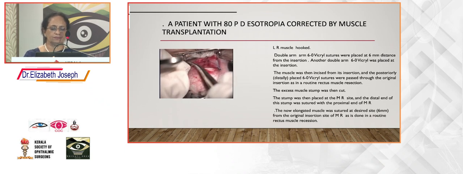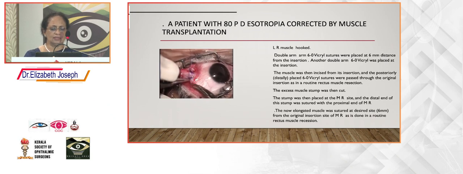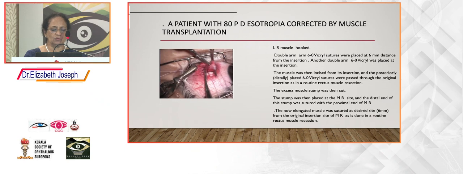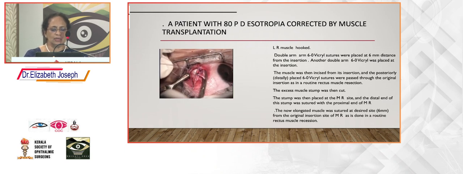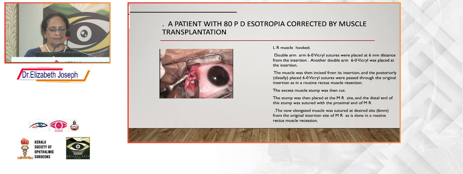After securing the suture ends, we go to the site of insertion. At the site of insertion also we put a pre-placed suture, so that we get a small segment of the muscle with 2 sutures on either side. After applying the suture, the muscle is cut, so that you get a 6 millimeter block of the muscle with sutures on either side.